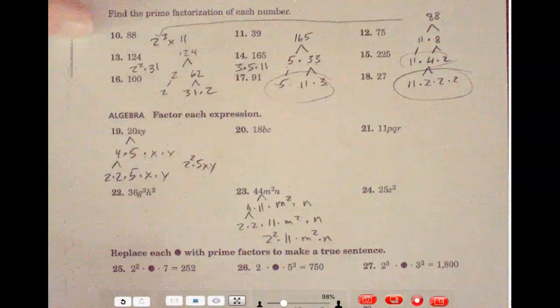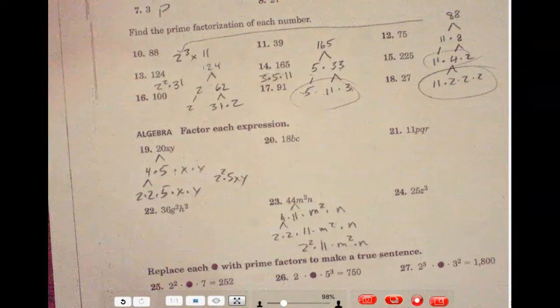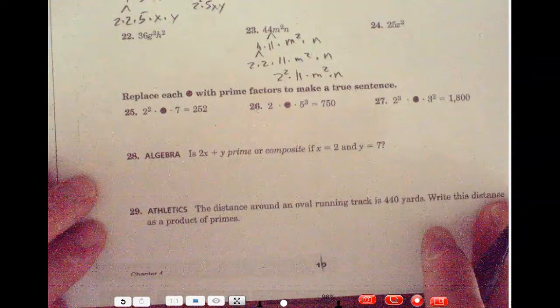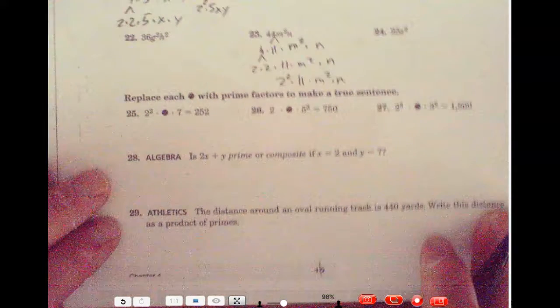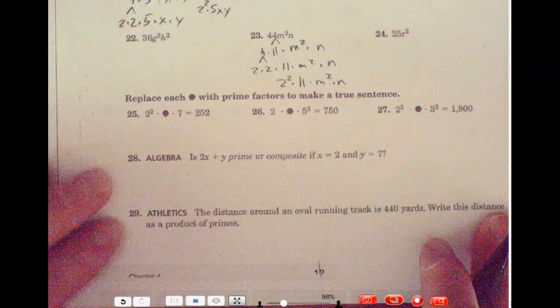Let's see. Scroll down just a little here, and take a look at number 26. Replace each blank with a prime factor to make the sentence true.